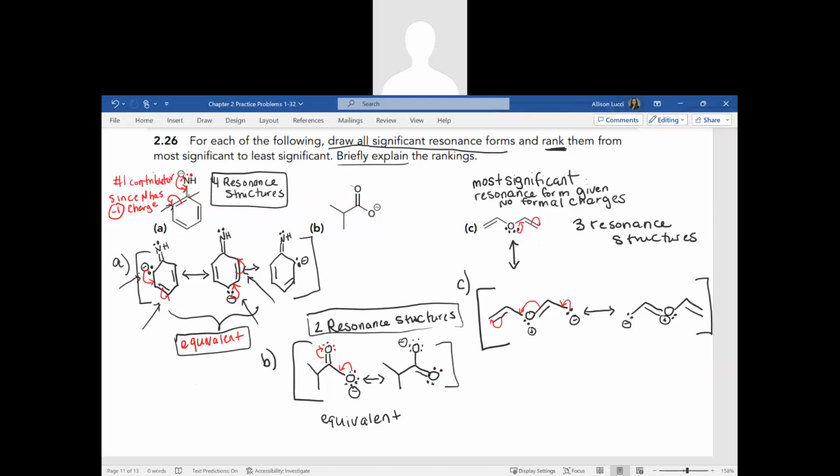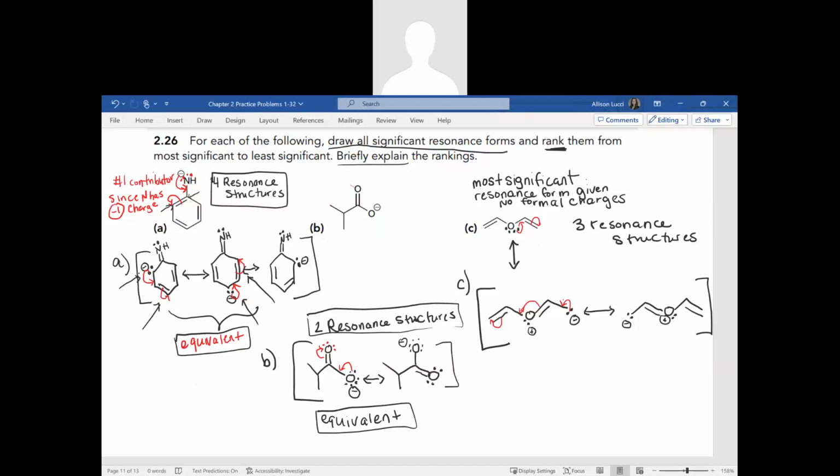So we see a lone pair on the carbon to the right here that moves and forms a double bond, and then that carbonyl that's already there, that double bond, those electrons move to form a third lone pair on the oxygen, so that -1 formal charge moves to a different oxygen. But again, they are equivalent structures.